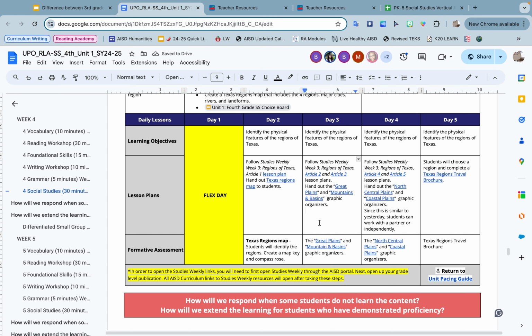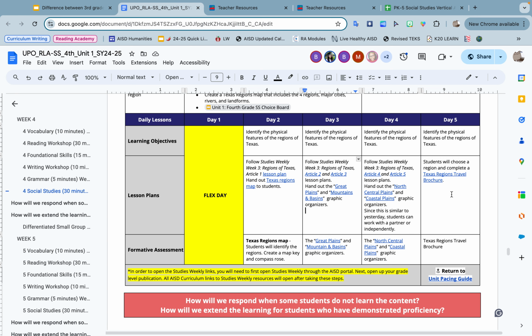So I know that for day 3, we're going to be looking at 2 of the regions. And on day 4, we're going to look at the other 2 regions. It's going to be very similar to these 2 lesson plans. And then at the end, they'll create a travel brochure using what they've learned about the 4 regions of Texas.